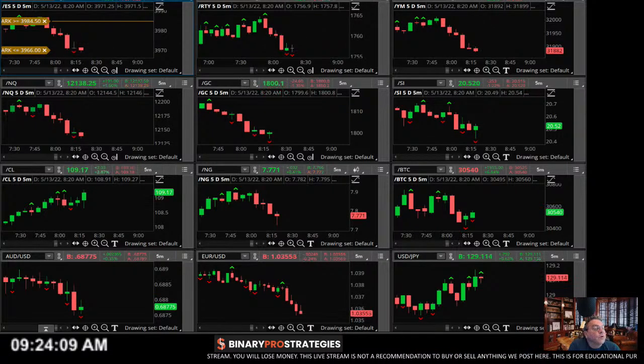Okay, possible short coming up on YM, which is going to be your mini Dow. Still short the US 500 here. The E-mini, target 39.66.